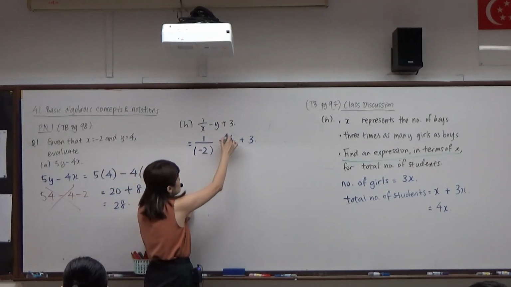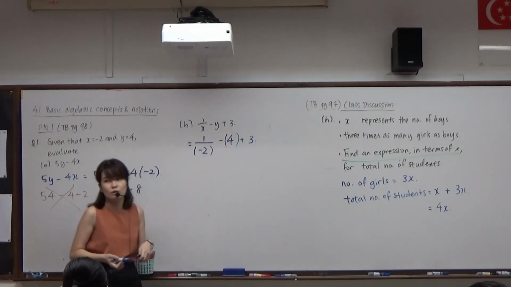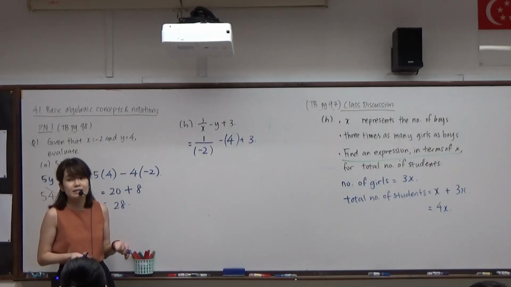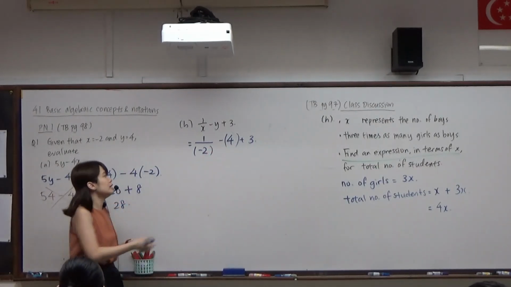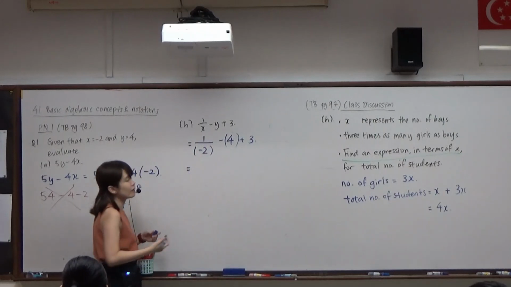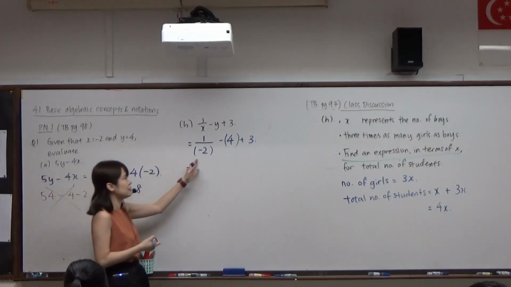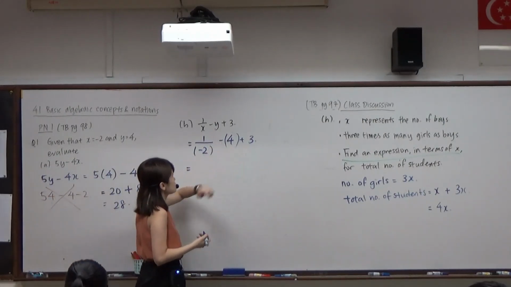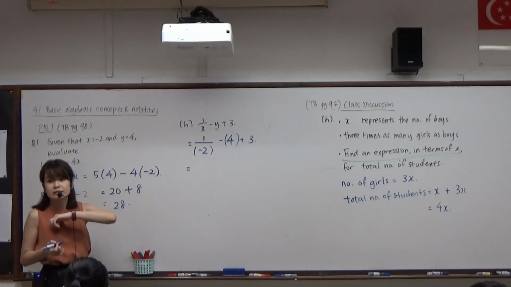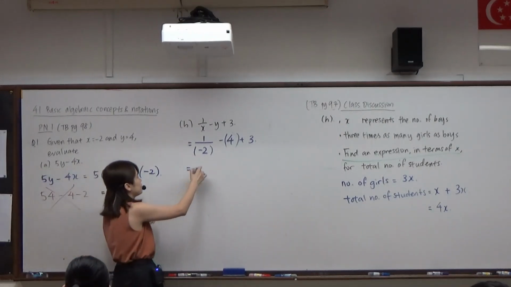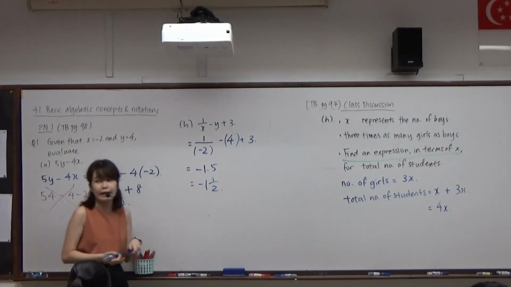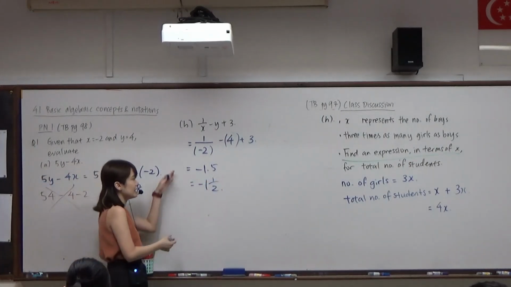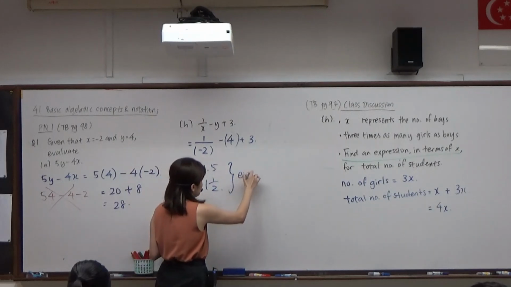Likewise for the y, if you want to have the brackets, it will look like that. But it doesn't make a difference because it's still minus 4 after all. So you can key this into your calculator. We have -1/2 minus 4 plus 3. That will give us -1.5, or if you want to write it as a mixed number, also can, -1½. Either one is okay.